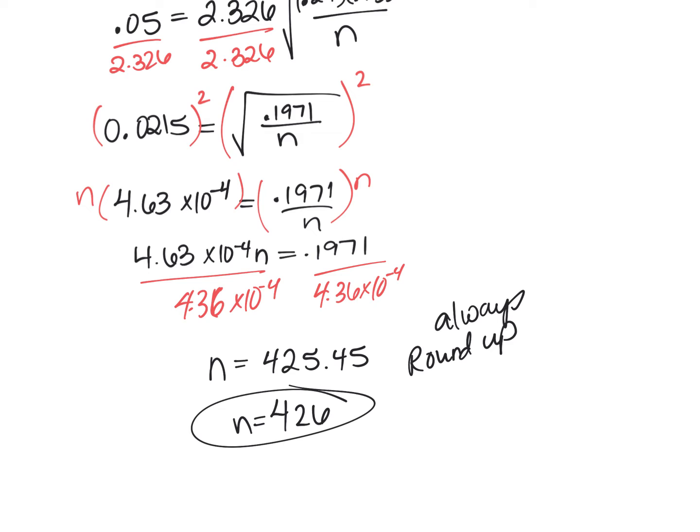I divided, or I squared 0.0215. Get rid of the square root. Oh, I just messed up, I inverted my numbers. But my answers are correct. Why? Because I left the numbers in my calculator.